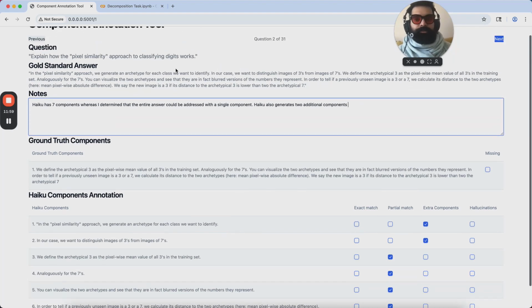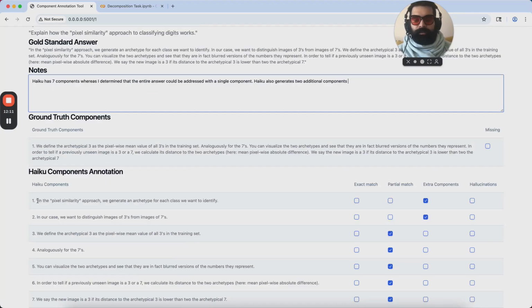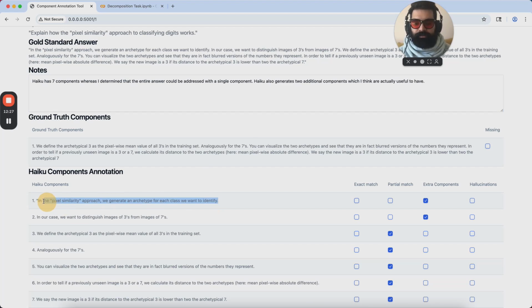So if we look at the question, explain how the pixel similarity approach to classifying digits works. Now that I'm looking at Haiku's components, it's actually not incorrect. So I'll say which I think are actually useful to have. So for example, this sentence here, in the pixel similarity approach, we generate an archetype for each class we want to identify.